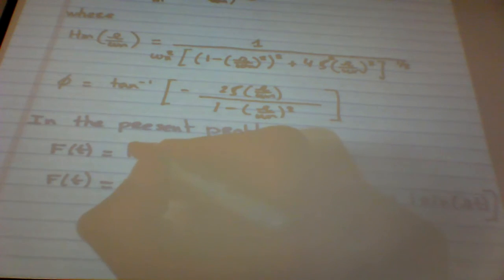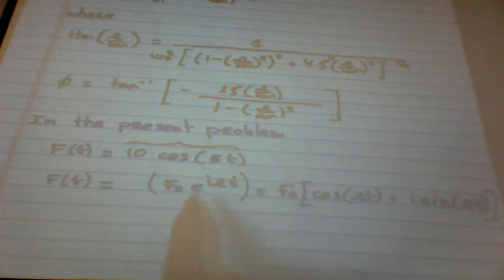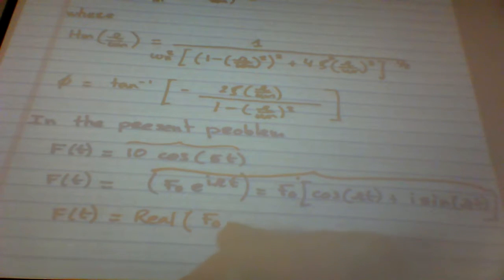So if we compare this expression with this one, just this side, not this side, what can you say? F naught equals 10? Be careful here. It's not going to be exactly that. But what I'm trying to say is that f of t equal cosine omega t will be equal to the real part of F naught e to the i omega t, the real part of the solution.